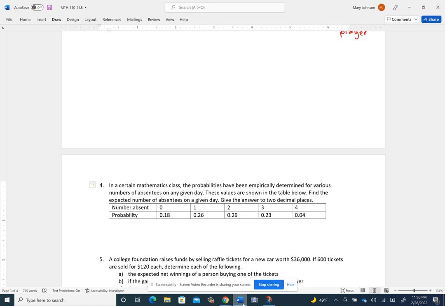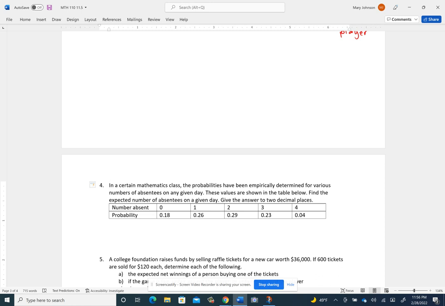So here we have a math class, with probabilities that have been determined through experimenting, looking at data for the number of absences to expect on any given day. The probability there will be no absences is 18%. One absent, 26%.